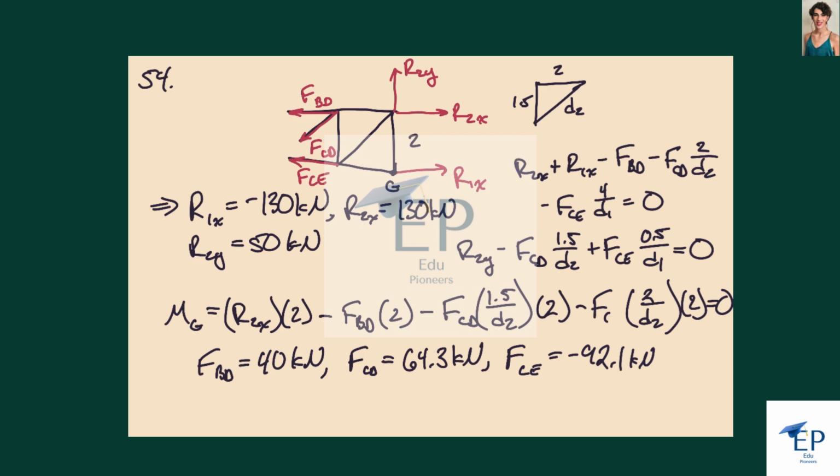No, let's see here. This should be FCD, yeah, so this should be the y component of FCD, and this should be the y component of FCE. Yeah. And that should be, let's see here, this should be D1.